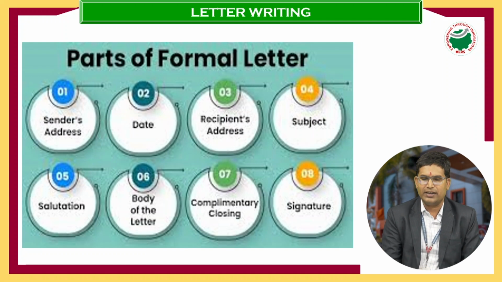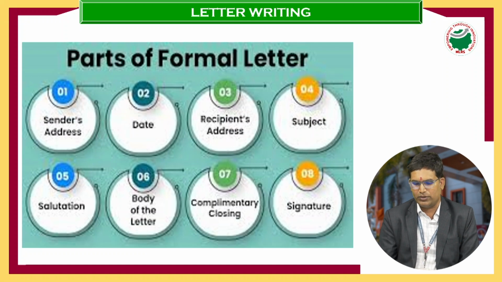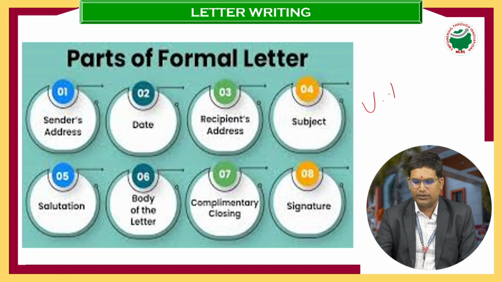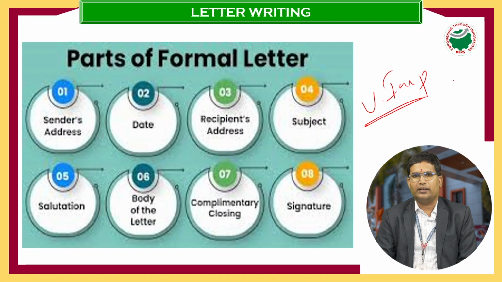First sender's address, date, recipient address, subject, salutation, body of the letter, complementary clause and signature. These 8 elements are very important to make your letter effective, so the reader is impressed by your style of writing and expression, so that he can respond very quickly. That is a very important thing.